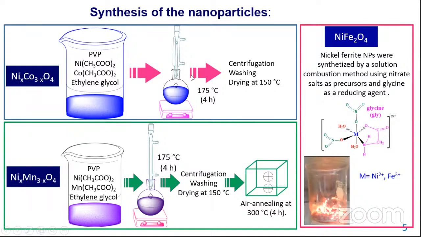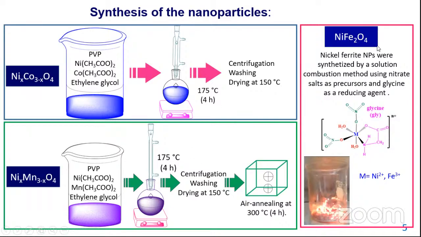After reaching room temperature, we separated them, washed several times, and dried at 150 degrees centigrade in air. In the case of nickel incorporated manganese oxides, the same procedures were followed. The only difference is that after getting the dried oxide nanostructures, we annealed them in air at 300 degrees centigrade for 4 hours.